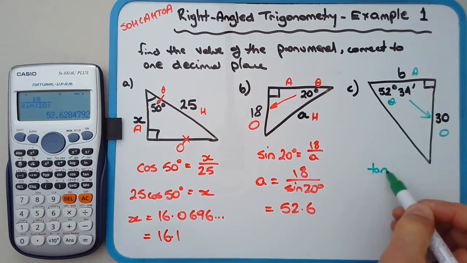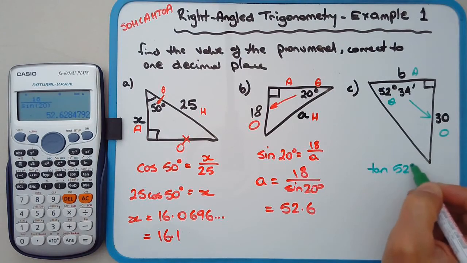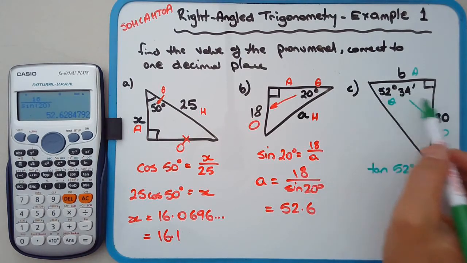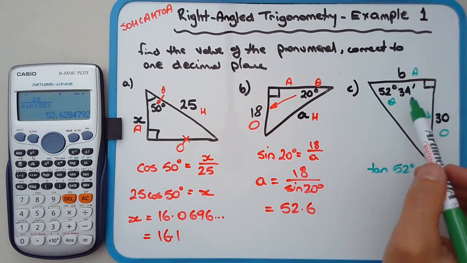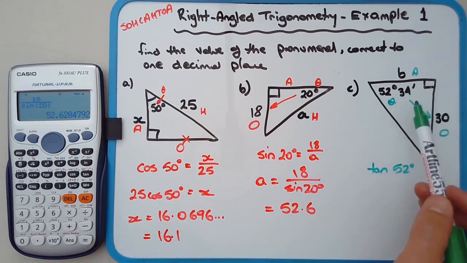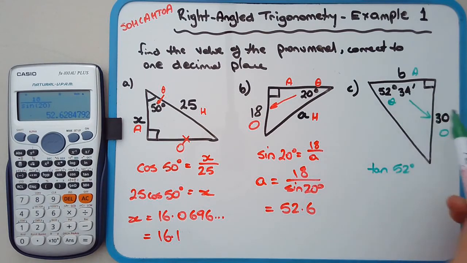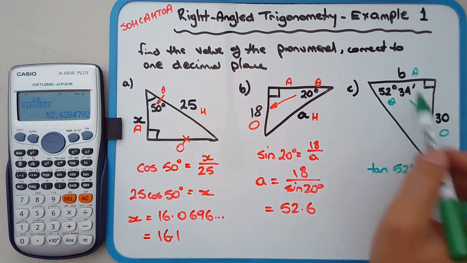So tan of, now, this is what we call degrees, minutes, seconds, DMS. Recall that there's 60 minutes in a degree and 60 seconds in 1 minute. It's a way to divide up these degrees into 60ths.